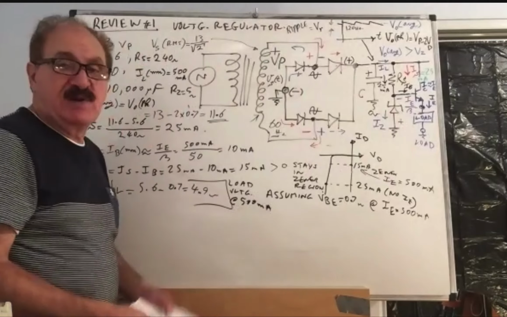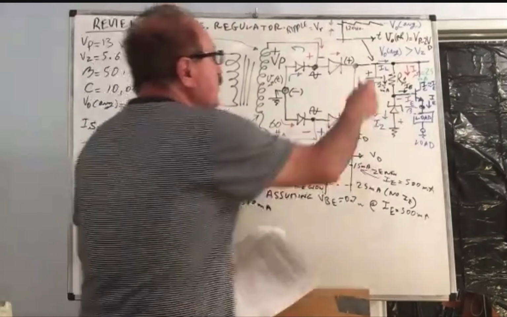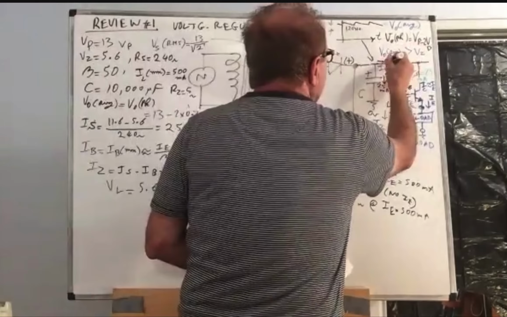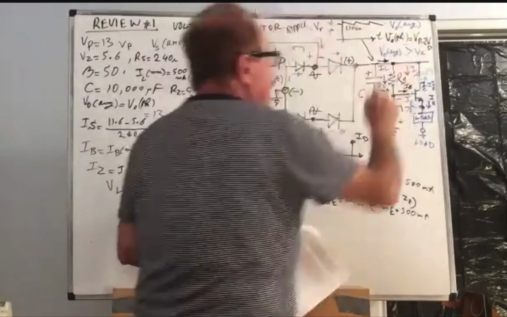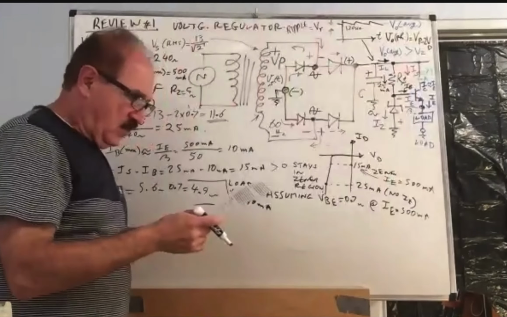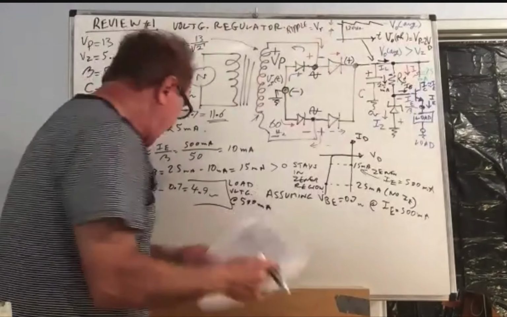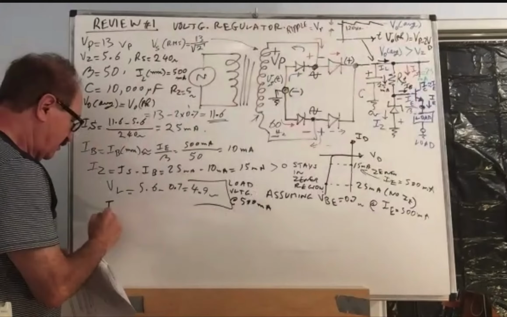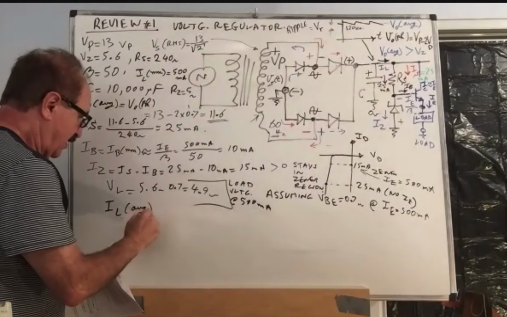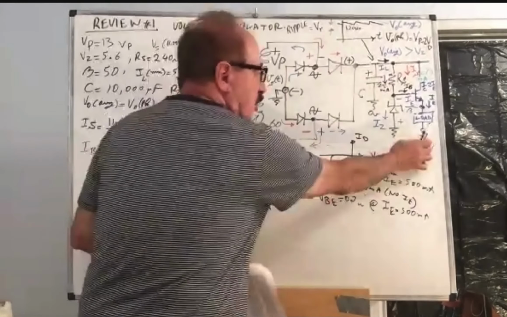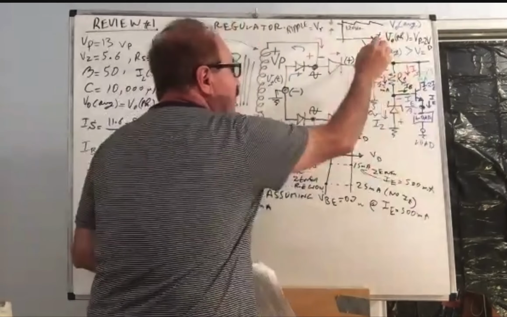Now, calculating the ripple voltage. So what will be the maximum current going in this direction out of the capacitor? Which we are going to call IL average. It's not this load, but it is that current.